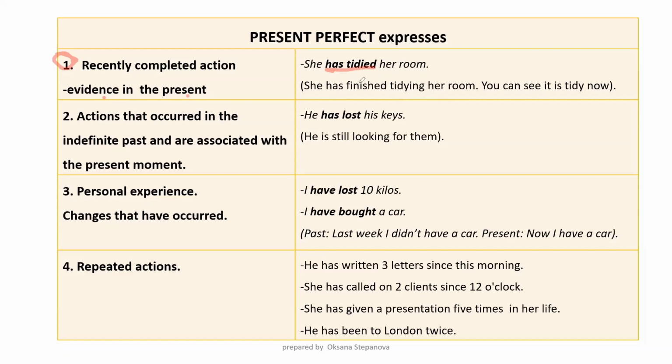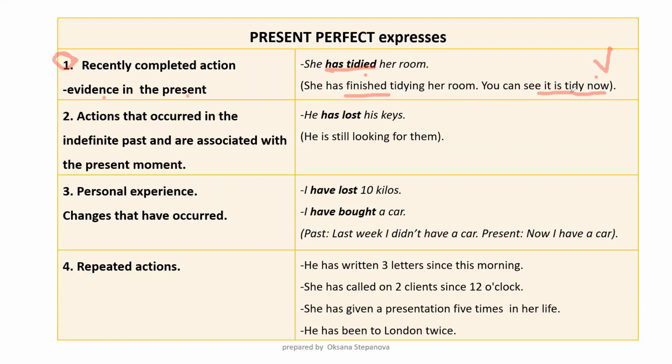Because she has finished tidying her room, and you can see it is tidy now. So now is your present moment, and she has finished. Finished means past, so it is an unspecified past when she actually finished tidying her room, and you have the result, the evidence in present. You can see it now.